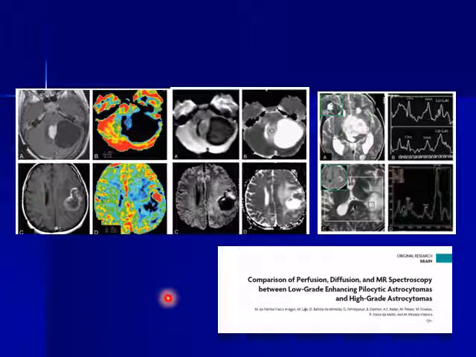So we can use perfusion-weighted imaging to differentiate these low-grade from high-grade tumors, which almost present with the same appearance of necrotic ring. In this paper, our colleagues in the MD section can read the comparison of perfusion, diffusion, and MR spectroscopy between pilocytic astrocytomas and high-grade astrocytomas.